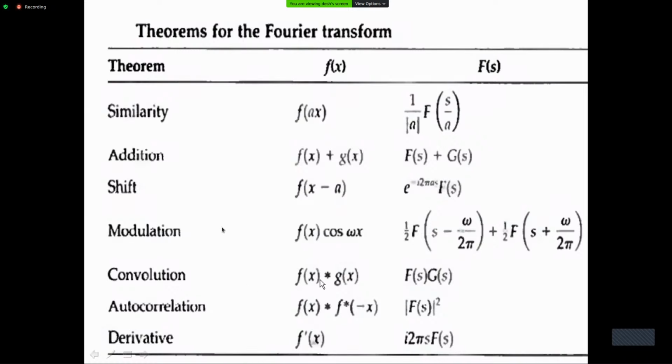If you perform convolution of two functions, you can show that the Fourier transforms of the component functions that you convolved will be simply multiplied. A corollary of that is if you take the autocorrelation function, which is represented as f of x convolved with f star of minus x, you can work it out and show that the Fourier transform will be the modulus square of the original function.